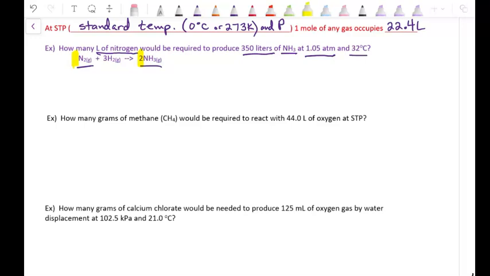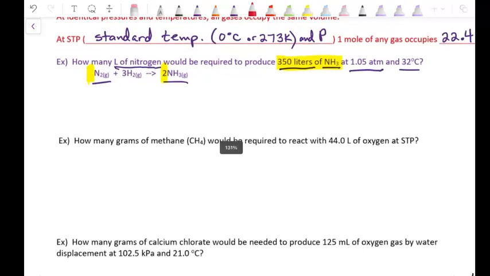Because when it comes to gases, it doesn't matter which gas we're talking about, 1 mole occupies the same number of liters. So my ratio of moles is also my ratio of liters. What that does in this problem is it allows me to just focus on the volume and go straight from liters of NH3 to liters of nitrogen.